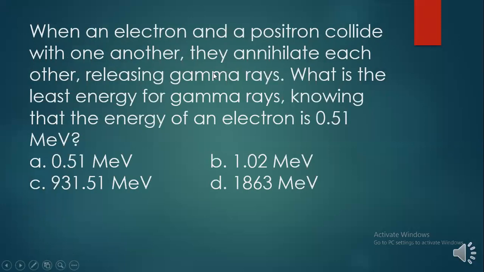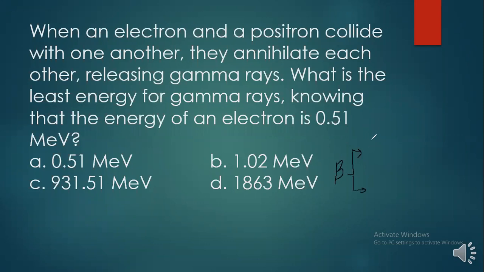Last question. When an electron and a positron collide with one another, they annihilate each other. Annihilate each other means they destroy each other, releasing gamma rays. What is the least energy for gamma rays, knowing that the energy of an electron is 0.51 million electron volts? A quick review about the positron: beta particles are of two main types.